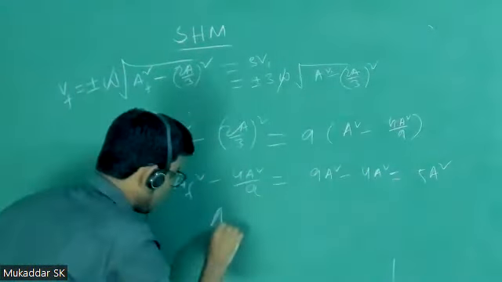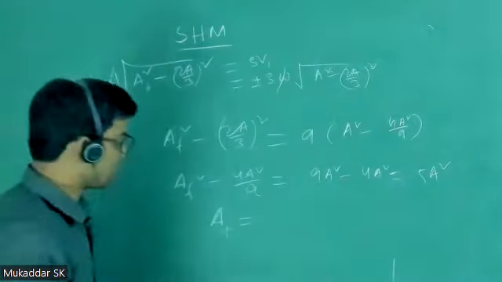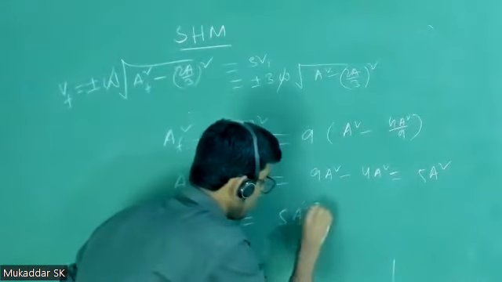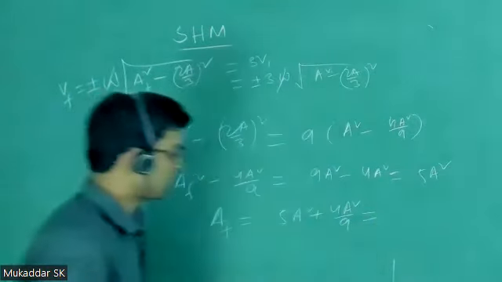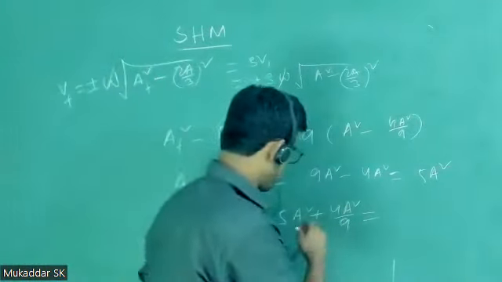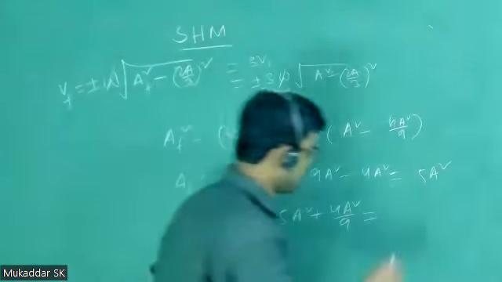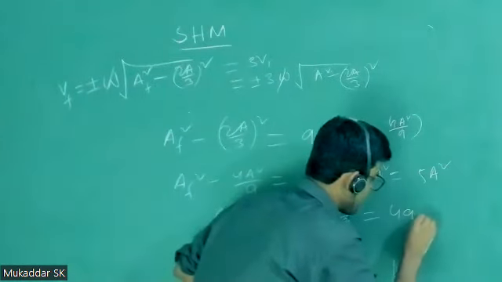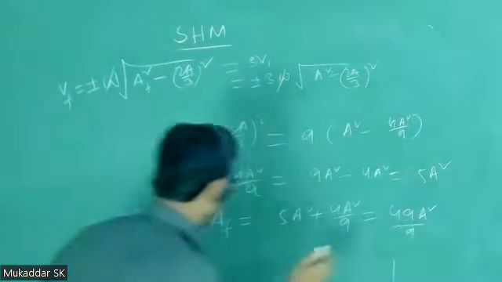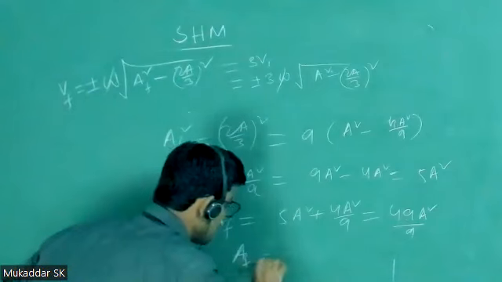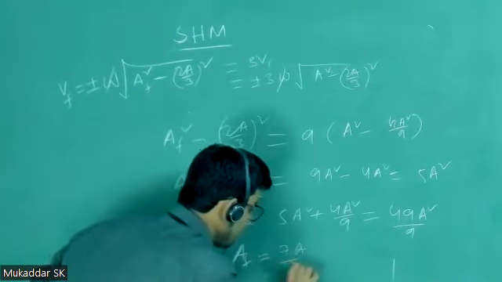It means af square can be written as, how much will it come? You'll have 5a square plus 4a square by 9. And that will be how much? 9 into 5, 45, plus 4, 49a square by 9. So this is your af square. So af will be how much? That will be 7a by 3.